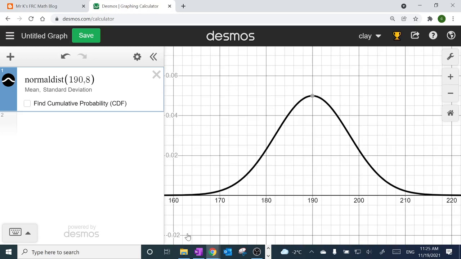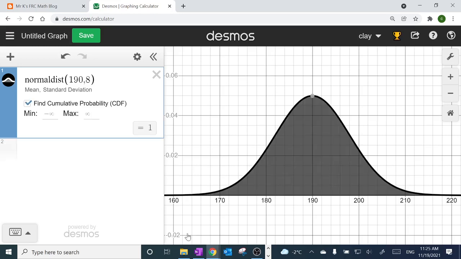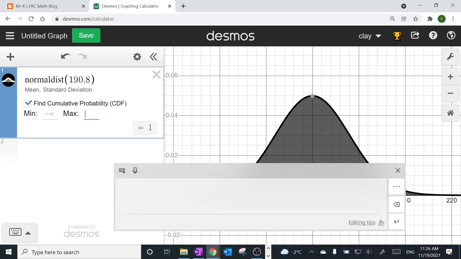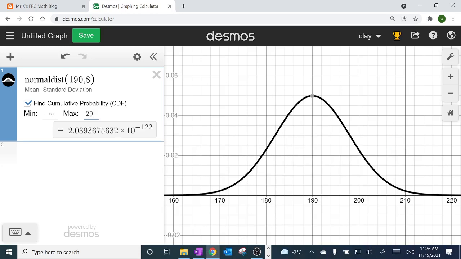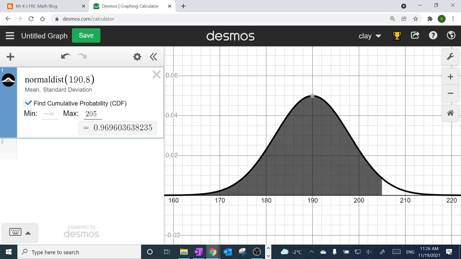Now, find the cumulative probability. Sarah beat all the people from negative infinity up to her score, which was 205. Or sorry, no, this is Madeline. Right, Madeline, so there we go. So Madeline beat 96.96.